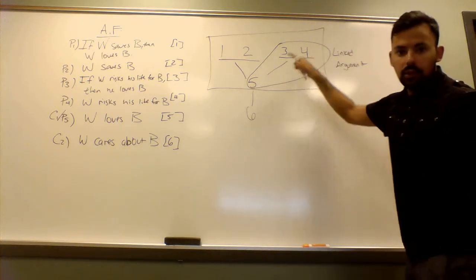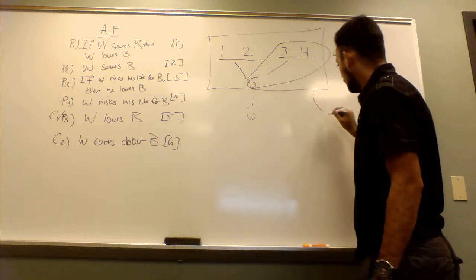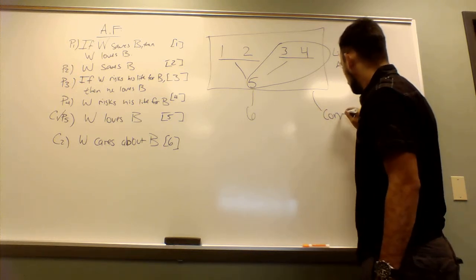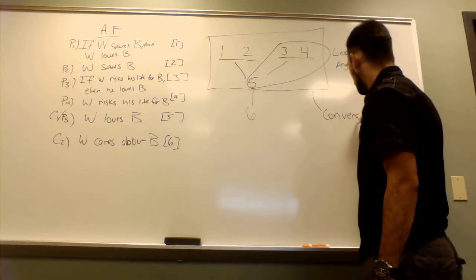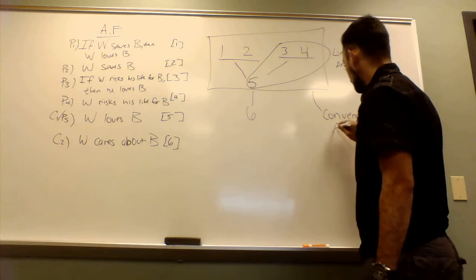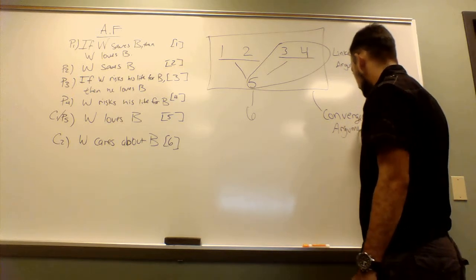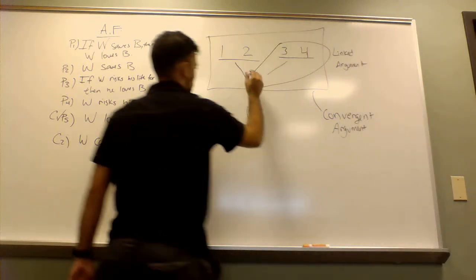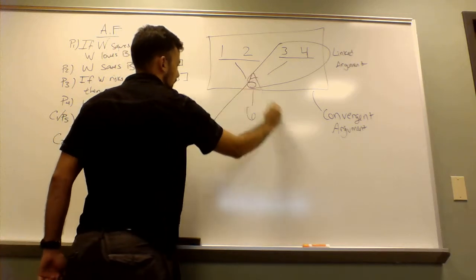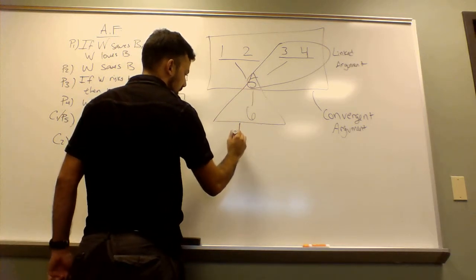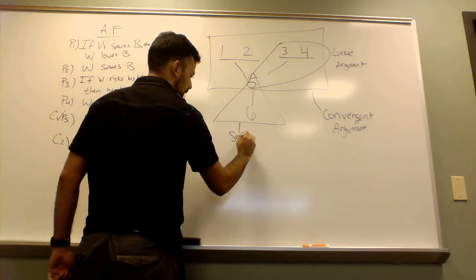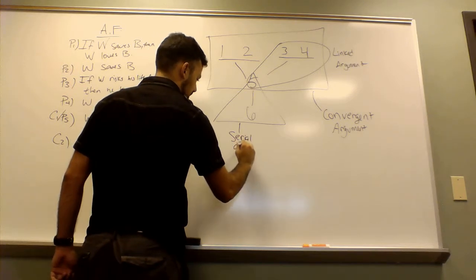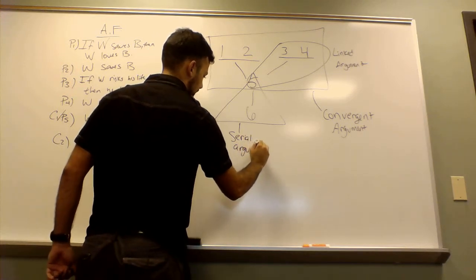That whole area, 1, 2, 3, and 4, and 5, convergent argument. I'll use a triangle here for this. 5 and 6 form a serial argument.